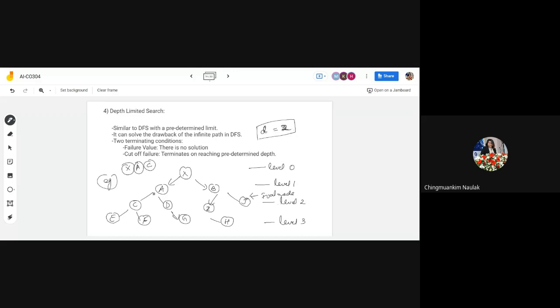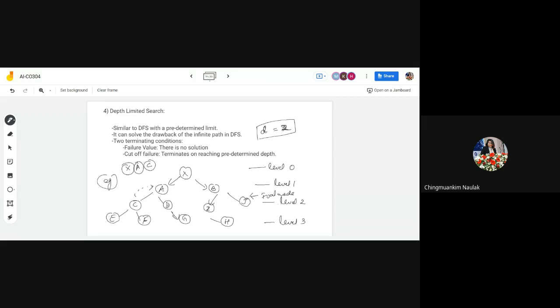You will trace back to the previous node A and see if there are any unvisited adjacent nodes.